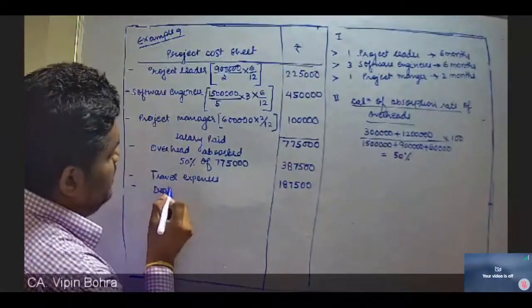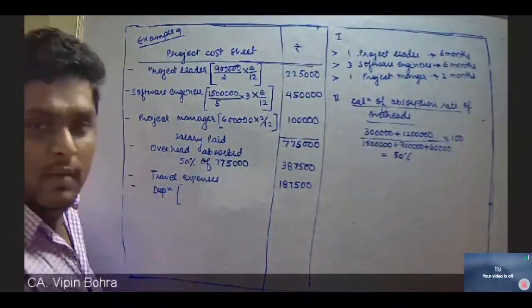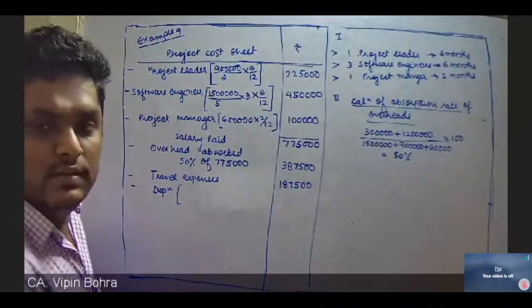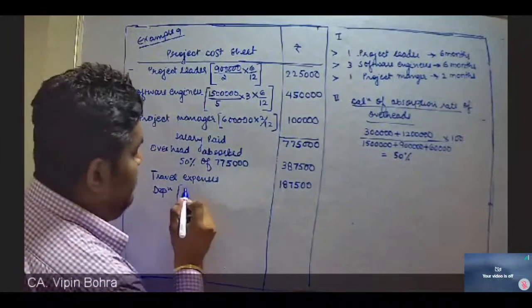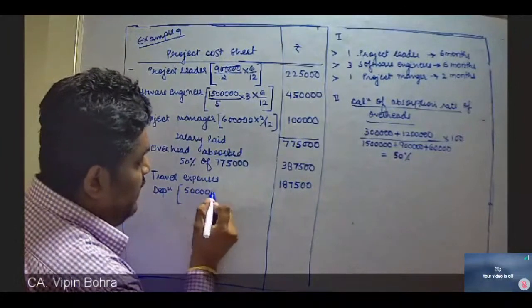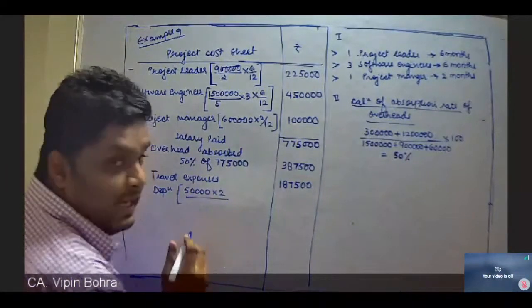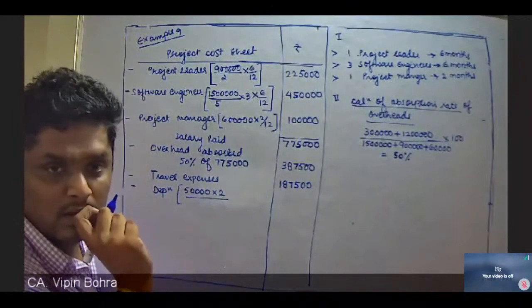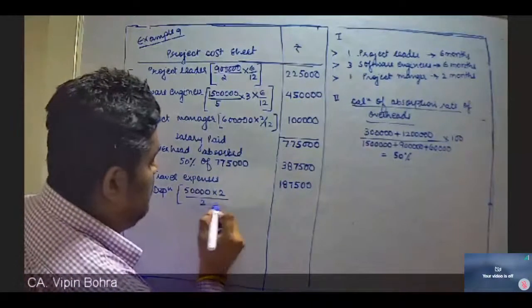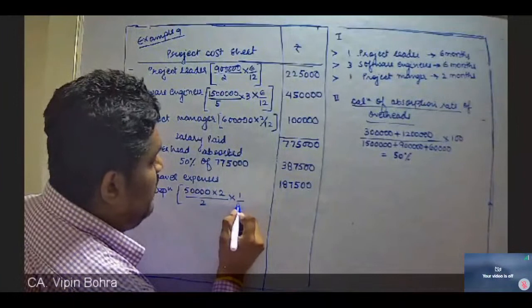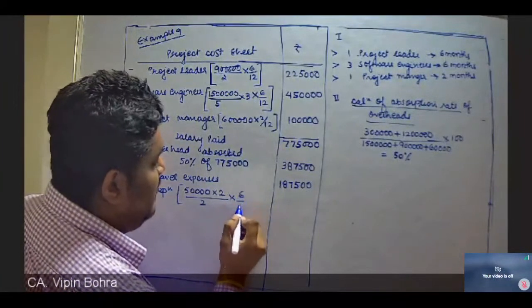Depreciation is also there, since we purchased 2 laptops and the cost of each is 50,000. So 50,000 into 2 laptops. The life is how many years? 2 years.